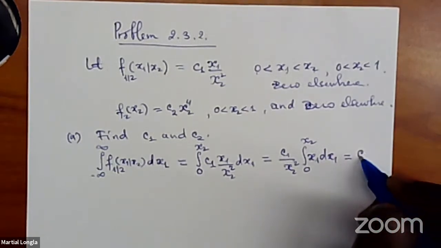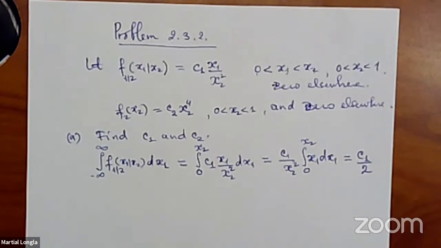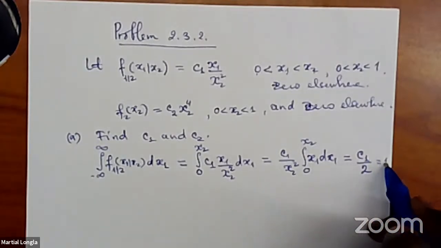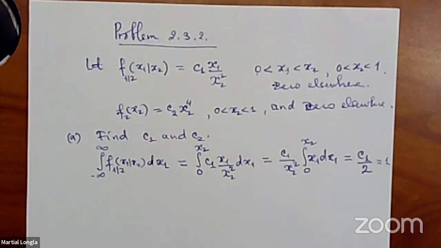So that is c1 over 2, because when you plug in x2 you get x2 squared, which cancels with the x2 squared at the bottom. And this must be equal to 1. You see that the integral does not depend on x2. For every fixed x2, this integral must be 1.